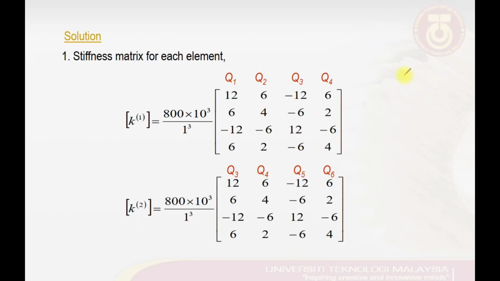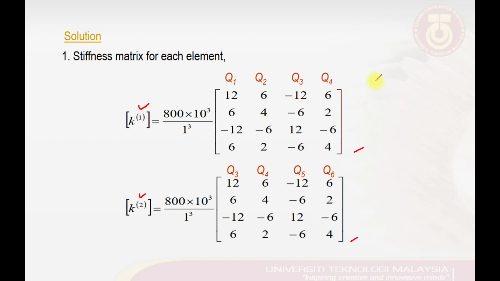So considering the element stiffness matrix equations, we solve for each element, K for element number 1 and K for element number 2, which is given by these two matrices, the square matrix of 4 by 4.